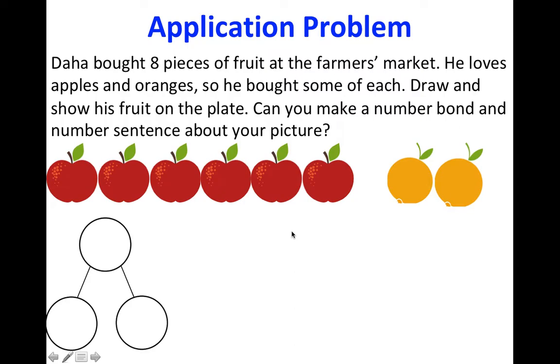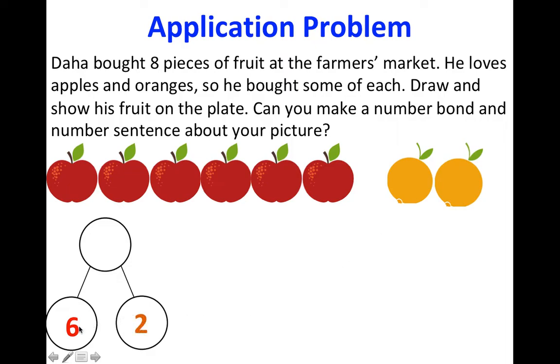The second part of the application problem said I have to make a number bond. So let's count. How many apples do I have? 1, 2, 3, 4, 5, 6. I have 6 apples. That's why I have a 6 in one of the parts. How many oranges do I have? I have 2 oranges.